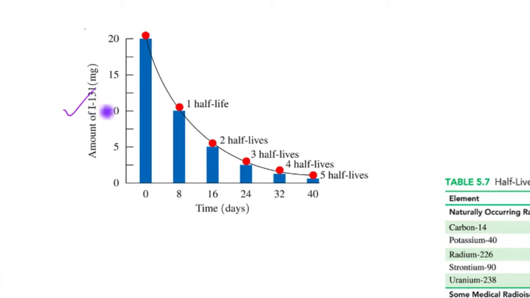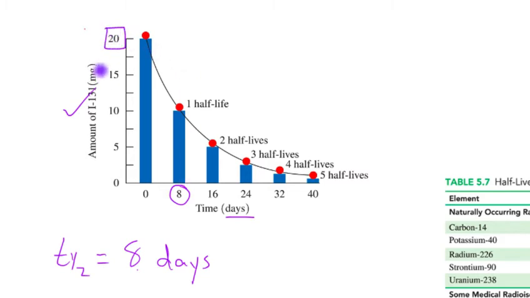It's a common radioactive isotope. It has a half-life of 8 days. And sometimes that's written T1/2 8 days. From this chart, how do I know it's 8 days? Well, look where I start. I'm starting with 20 milligrams of the radioactive isotope.